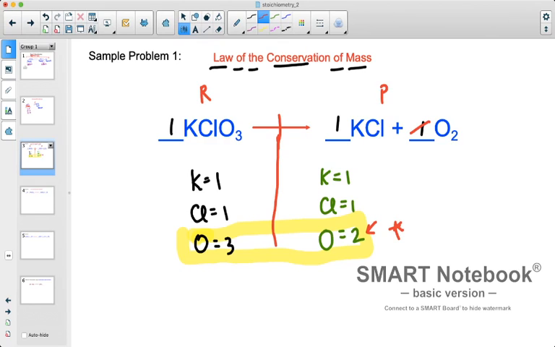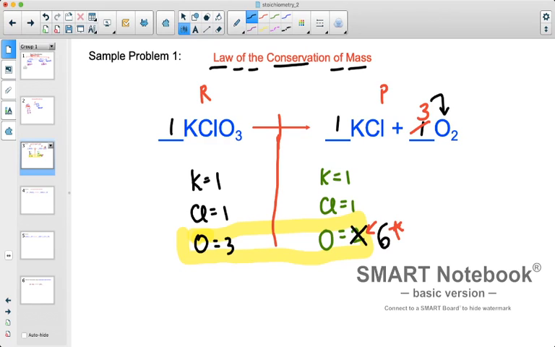So by changing this to a coefficient of 3, I can get it to balance. But listen carefully. Before I move over and see if it's balanced, I want to change my bookkeeping. By putting a 3 in front of the O2, this now changes my oxygen to 6.